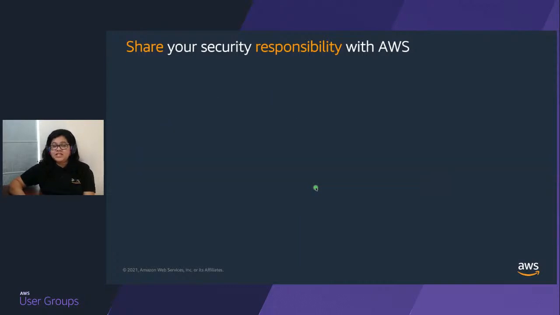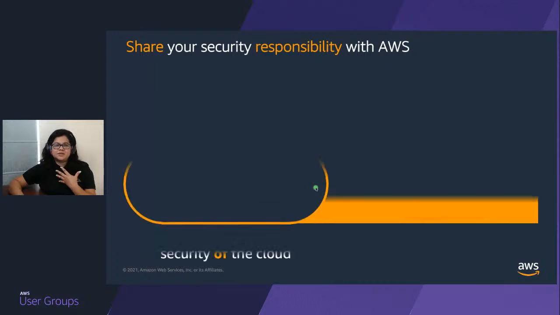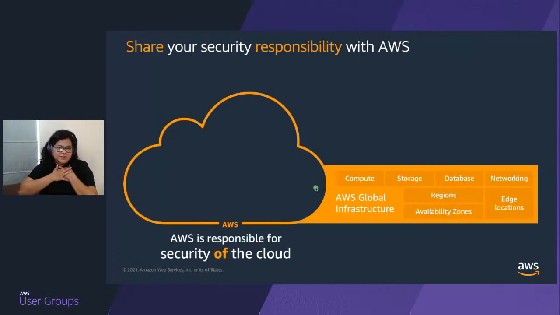So shared responsibility. Let me for now take a role that I am AWS. I am not, but I am AWS and you are a customer. So shared responsibility model. I, as AWS, take responsibility of the security of the cloud.